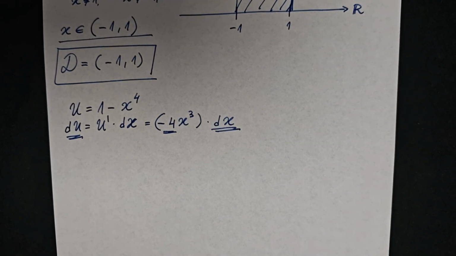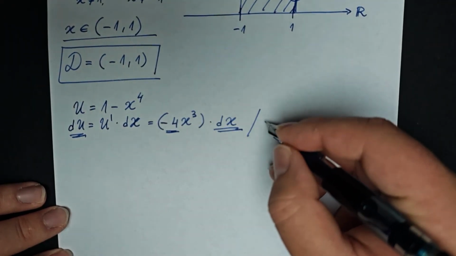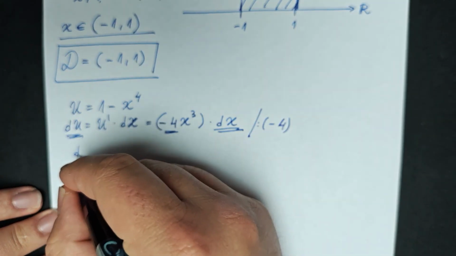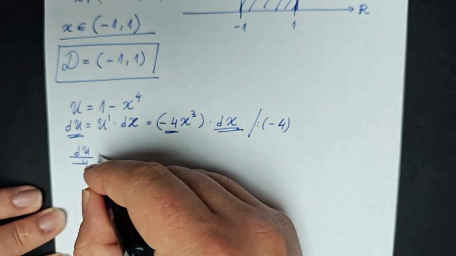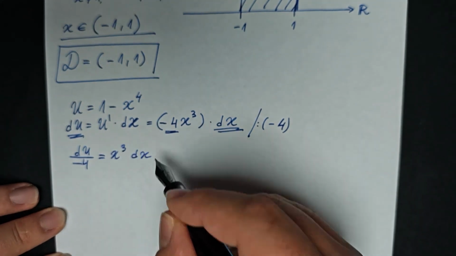We have to get rid of this number negative 4, which we don't want. We are going to do that by dividing the entire equation by this negative 4. We are then left with du over negative 4 equal to x cubed dx.